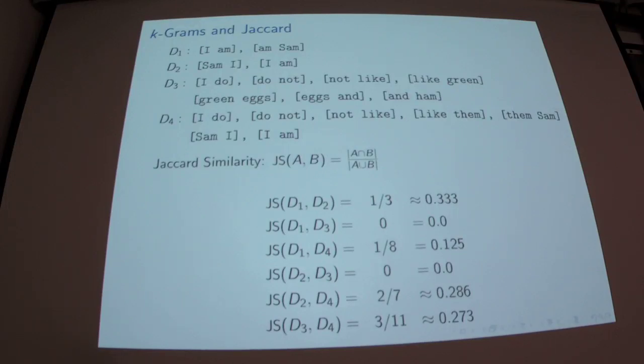The first search engines on the web used essentially a version of this for keyword search. We'll talk about this in much more detail; we'll have a full lecture on search engines later in the semester.